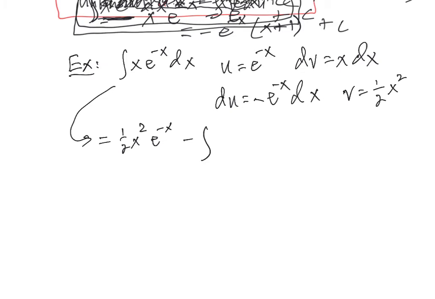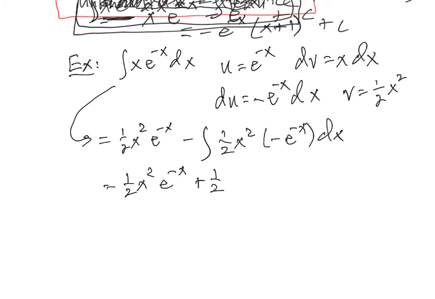Well, notice there is another minus. Actually, I'll just write it like this. v du is 1/2 x squared times minus e to the minus x dx, which is 1/2 x squared e to the minus x plus 1/2, cancel the minus, since I've got a plus minus here, minus there, gets us a plus.